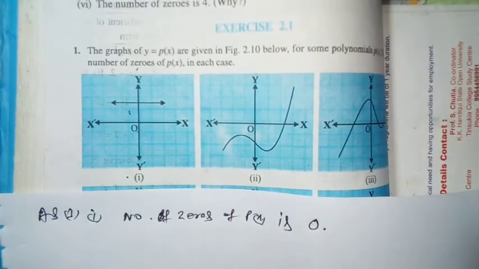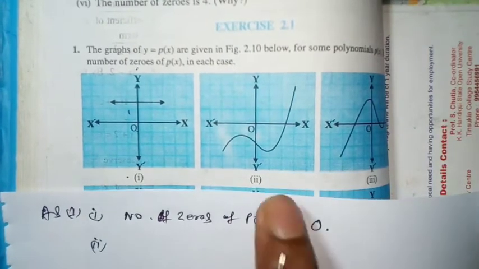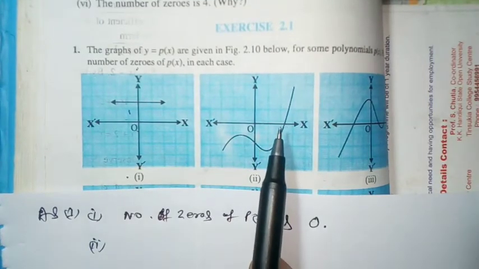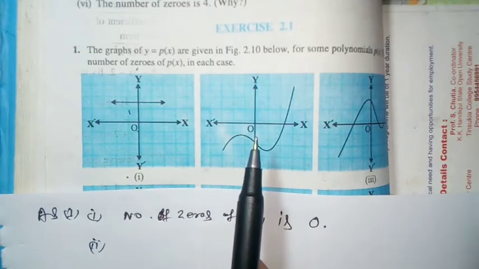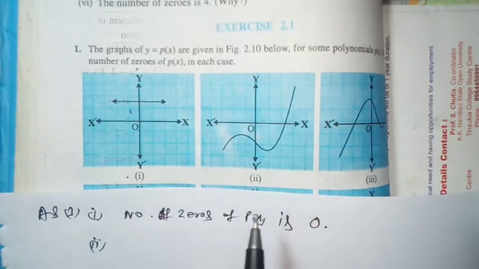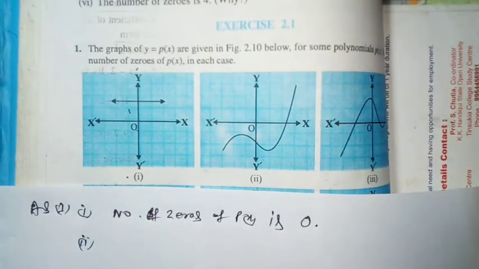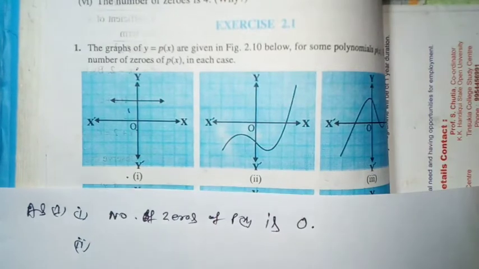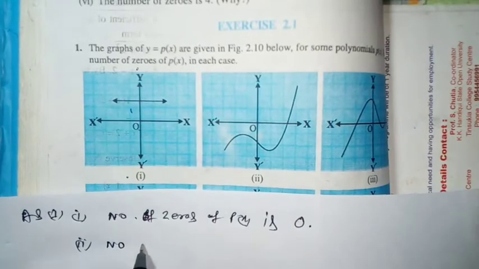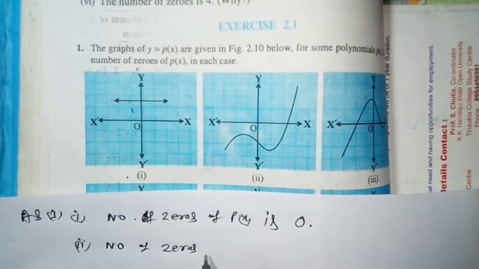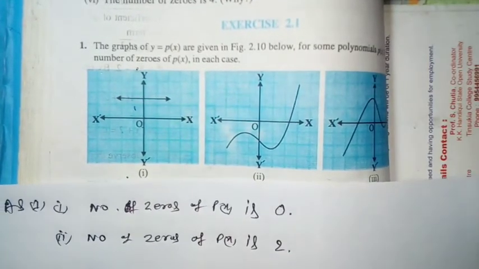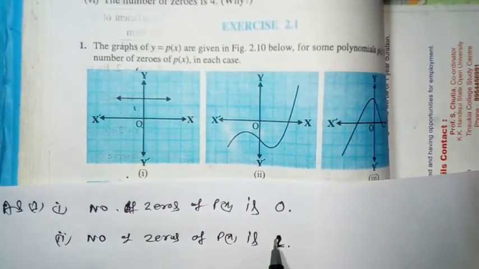Okay, in 2, the number of zeros of p(x) is 1 because the graph intersects the x-axis at only one point. So the number of zeros of p(x) is 1.